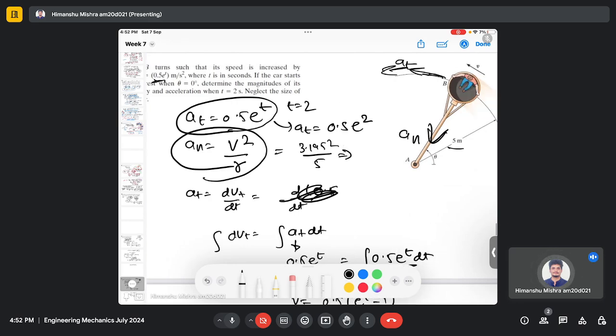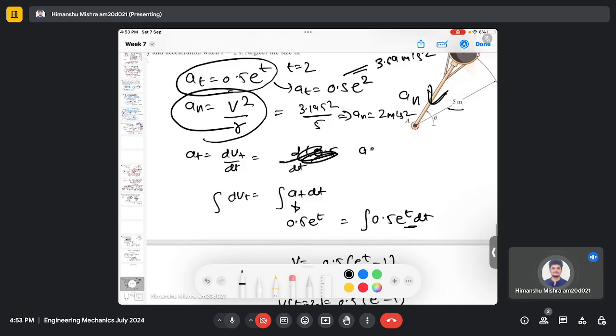So your normal component of acceleration is 2 meter per second square, and your tangential component of acceleration is 3.69 meter per second square.